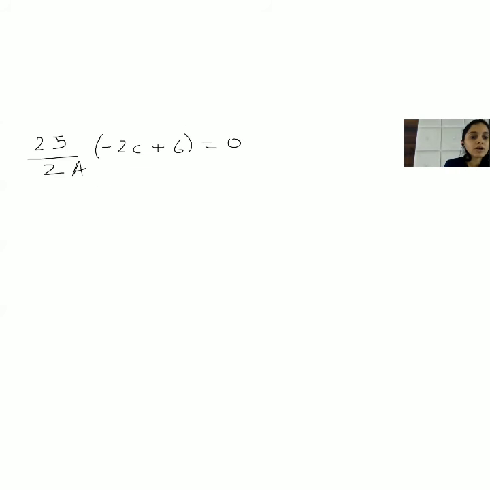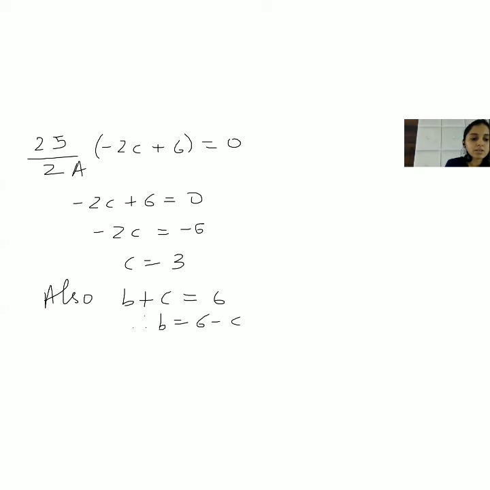So we have minus 2C plus 6 equal to 0, minus 2C equal to minus 6, C is equal to 3. Also, B plus C is equal to 6, therefore B is equal to 6 minus C, B is equal to 3. So what should be the dimensions of the triangle?